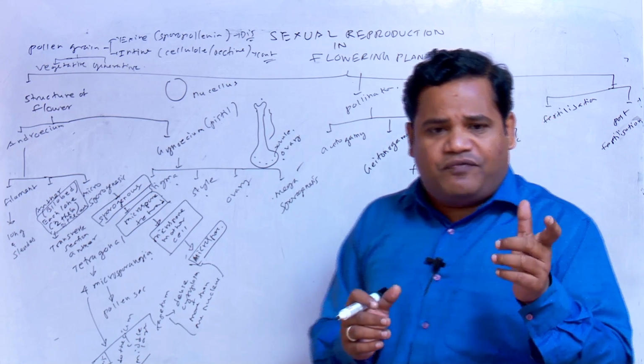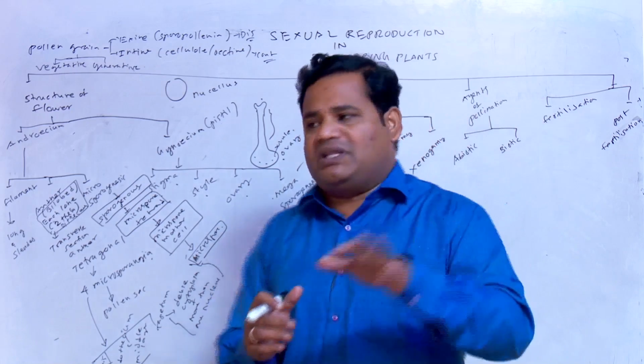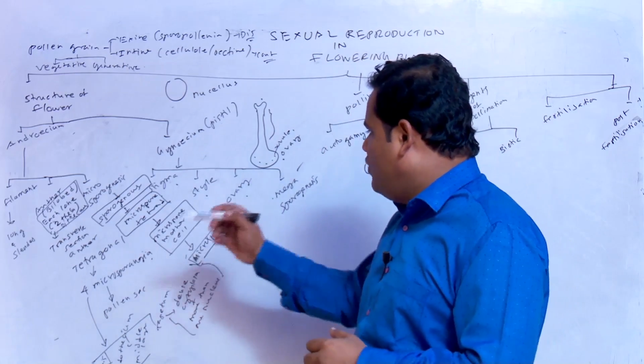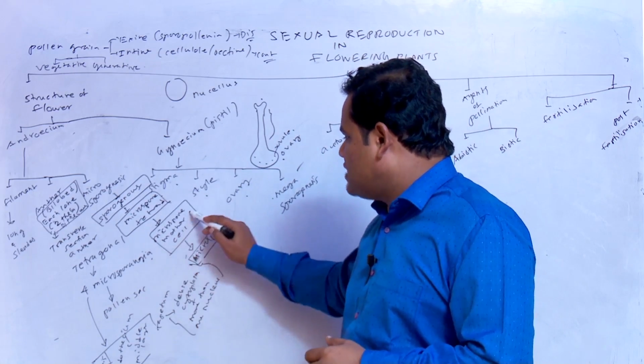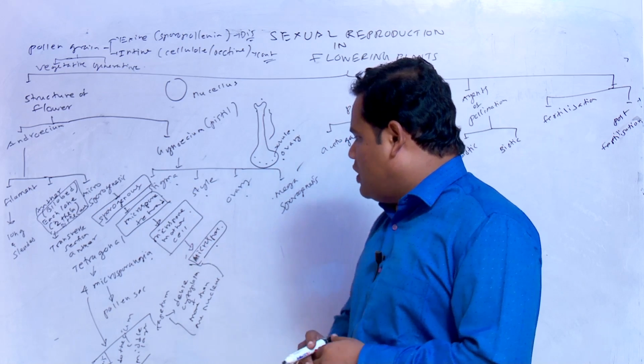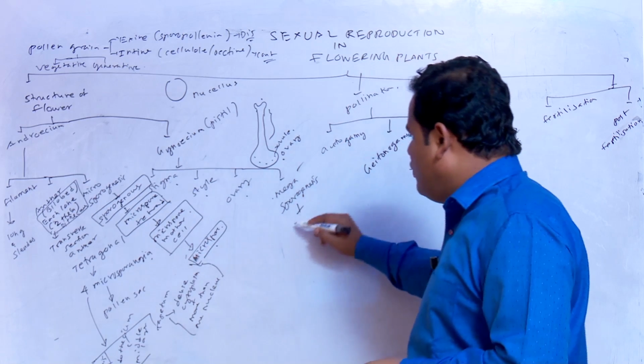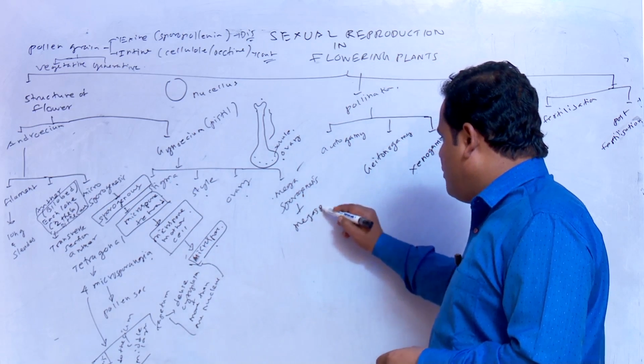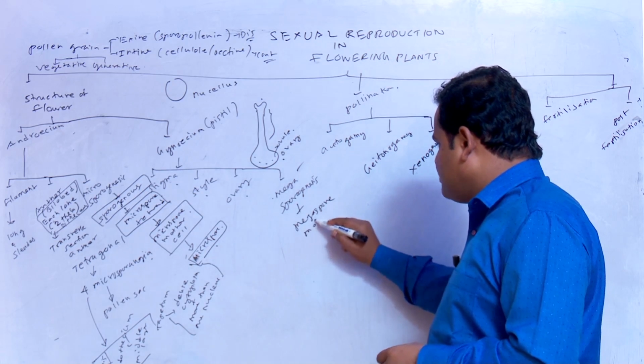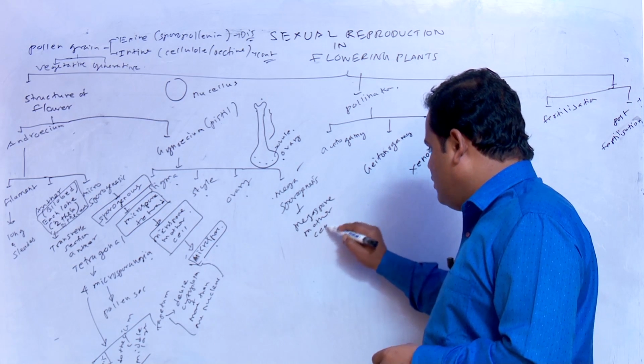This megaspore will be formed from the megaspore mother cell, just as we discussed previously how the microspore mother cell generated microspores. Here also, from the megaspore mother cell, megaspores will be produced.